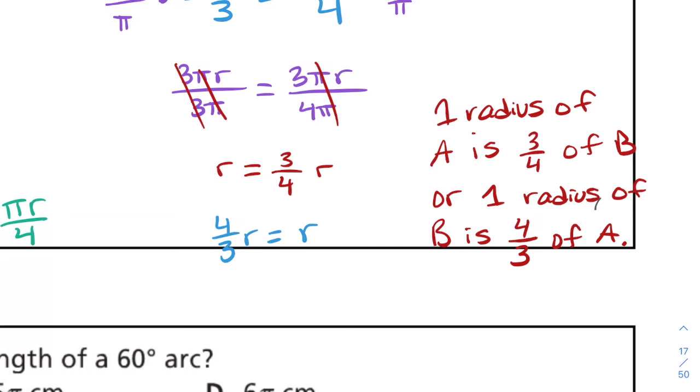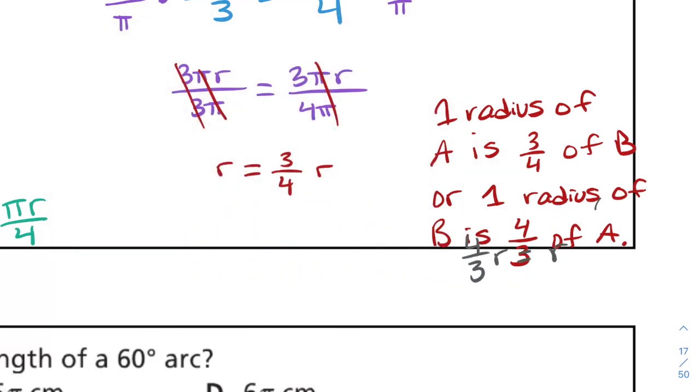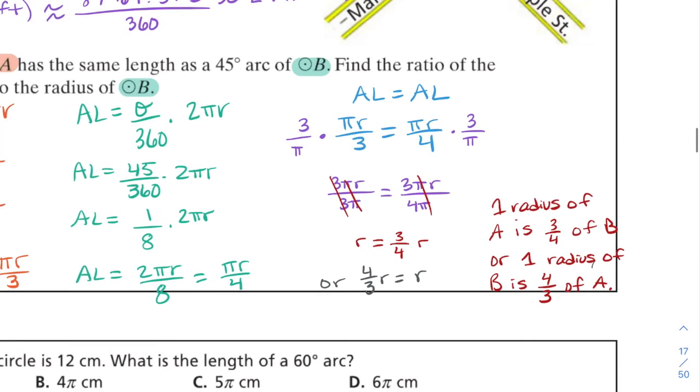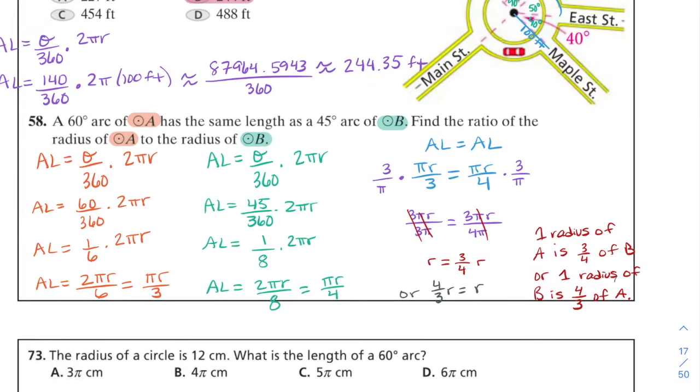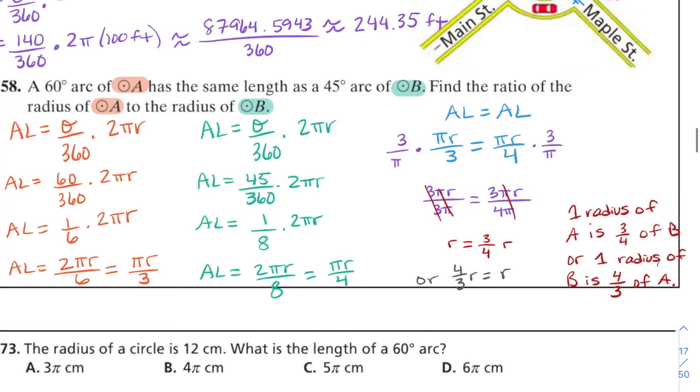Because this would go away. 4/3 would be 12 over 12. So let me just put that in one last different color here. I'll put or. And that's how they compare. All right, that one's a tough one. You probably won't see problems like that, but I just want to walk you through it regardless.